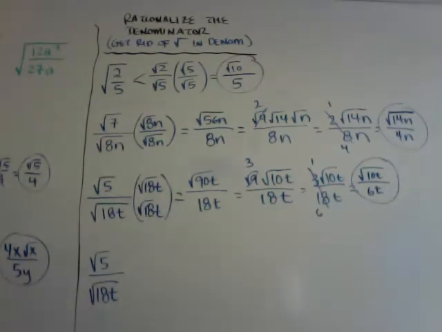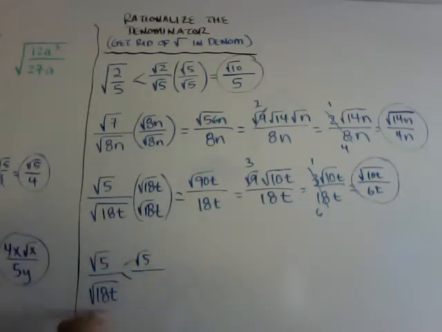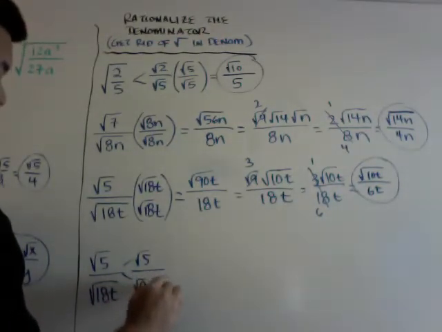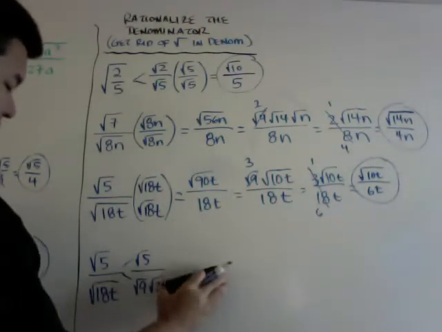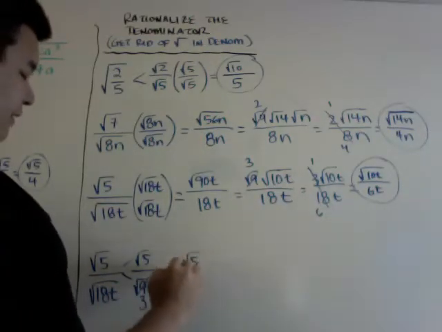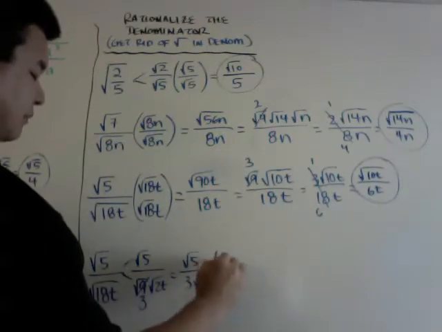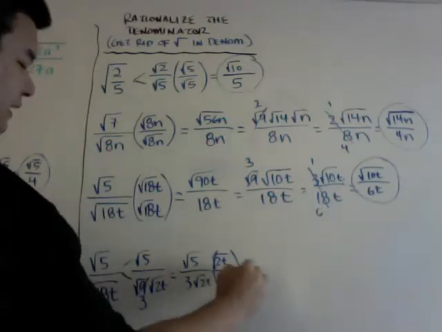Okay. The other way to do it is I could have simplified when I split this to radical 5. When I did this radical 18, I could go 9 and then 2t this way, and just change this to a 3. So when I go 5, I would have this over 3 radical 2t. And I could just multiply this by radical 2t over radical 2t instead of the whole 18t.